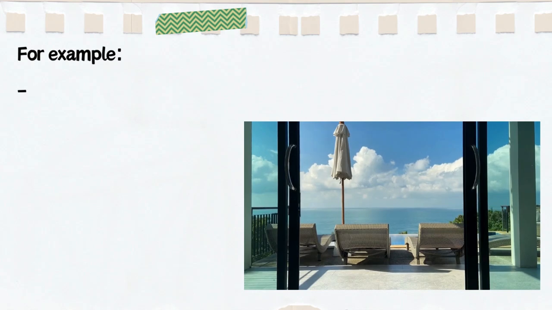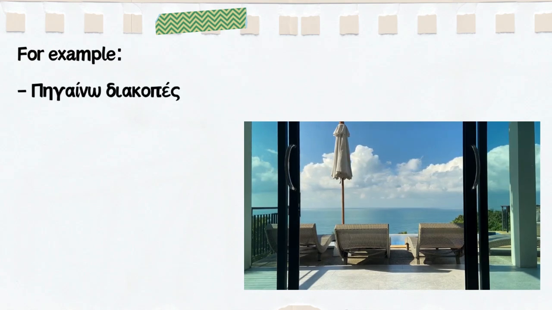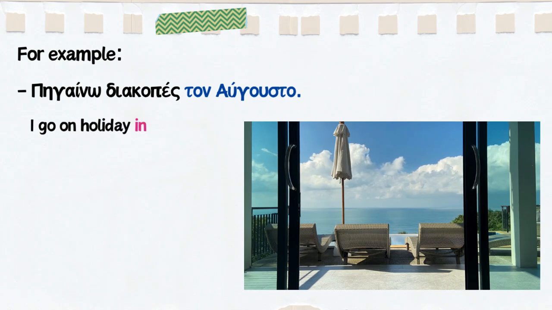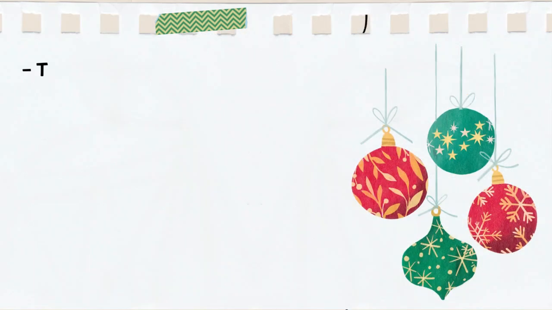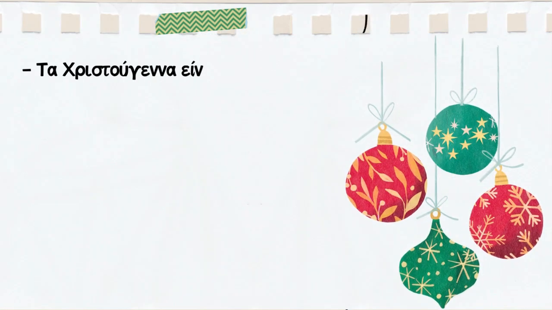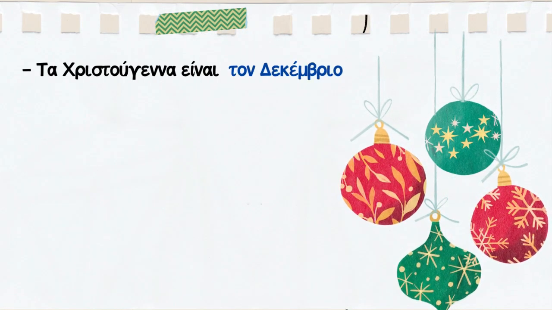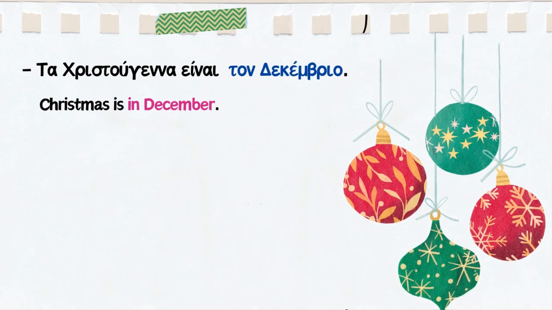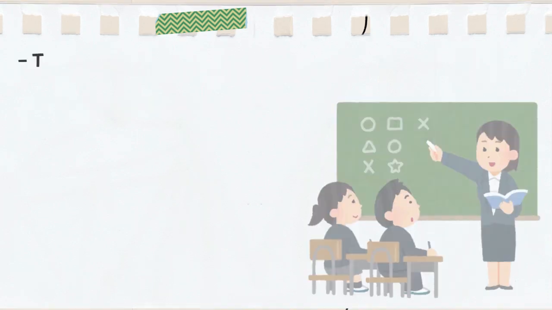For example, πηγαίνω διακοπές τον Αύγουστο. We use the accusative case. Τα Χριστούγεννα είναι τον Δεκέμβριο and not στον Δεκέμβριο.